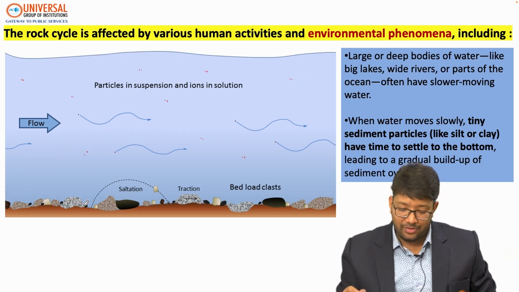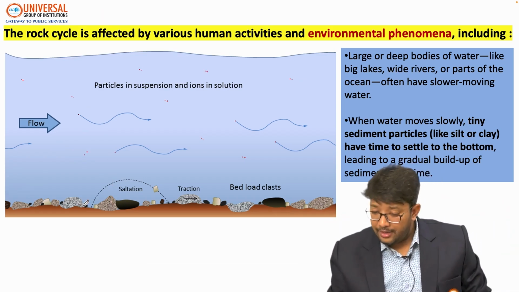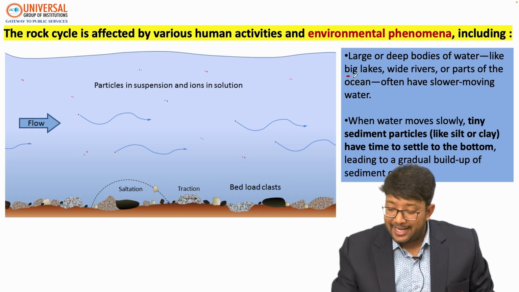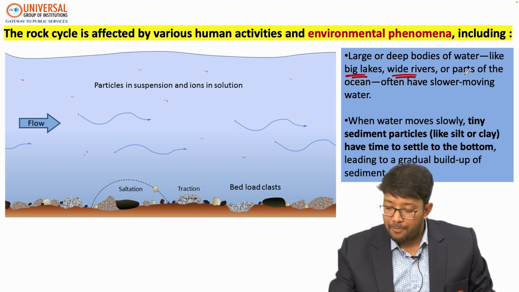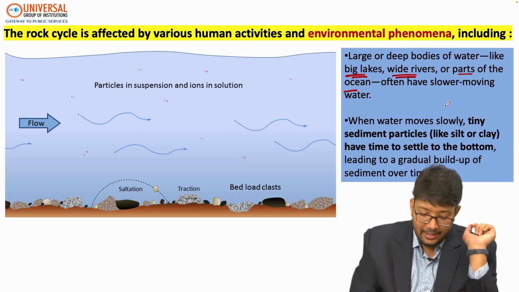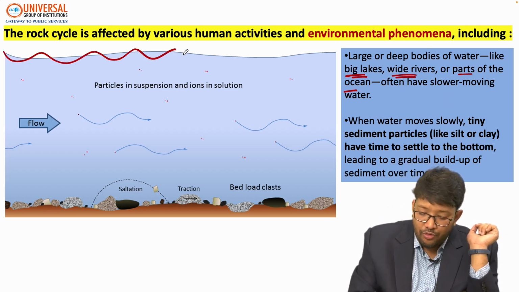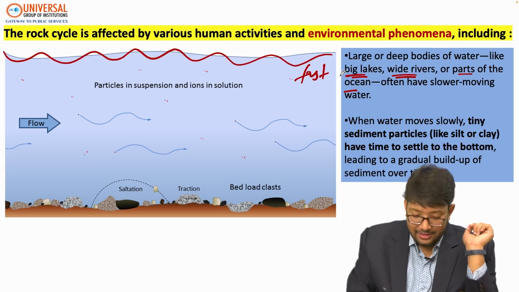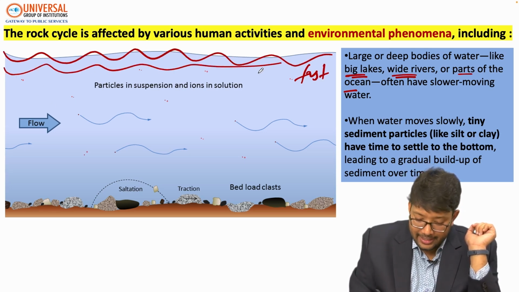Fine, let's move to our main topic. Large or deep bodies of water like big lakes, wide rivers or parts of the ocean often have slower moving water. Water will always move fast here only. The ocean waves are here only.